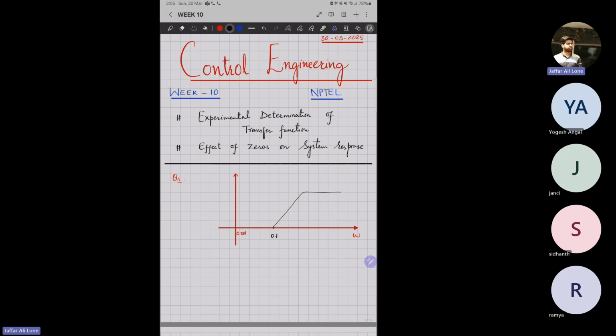So this is the transfer function that's given to us, and this is the Bode plot that's given to us, and we have to find the transfer function.